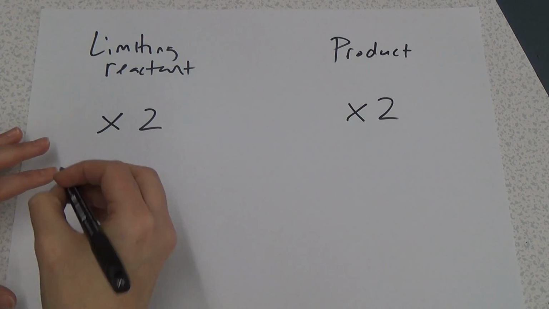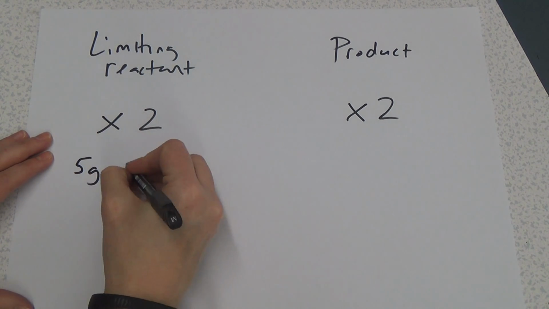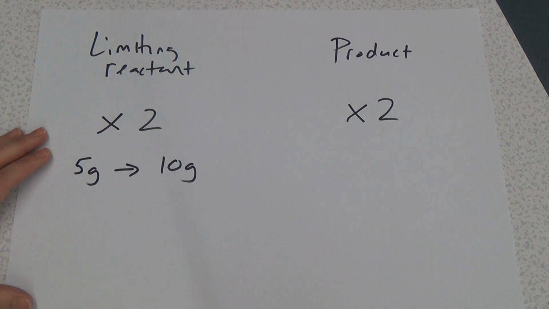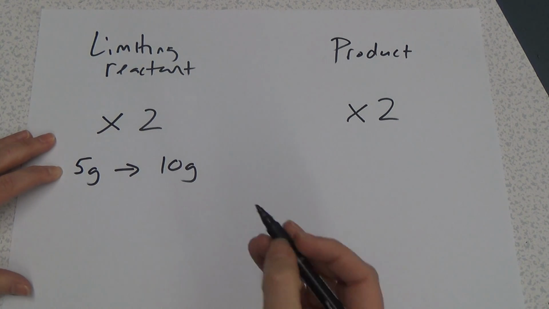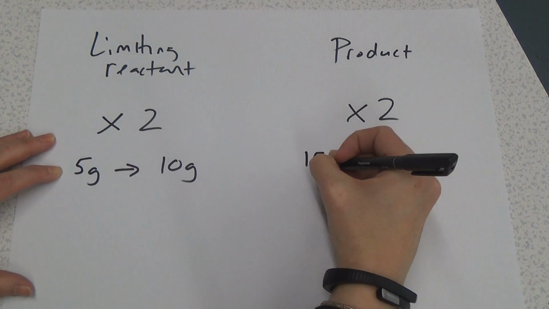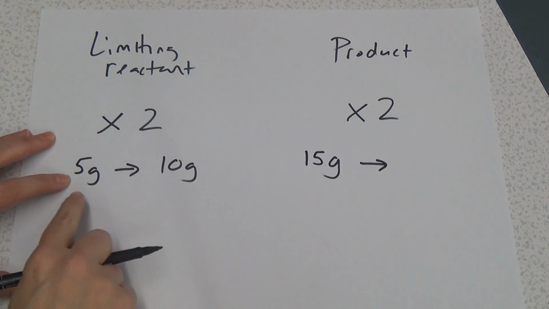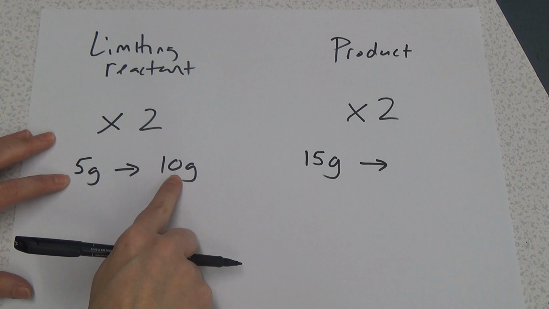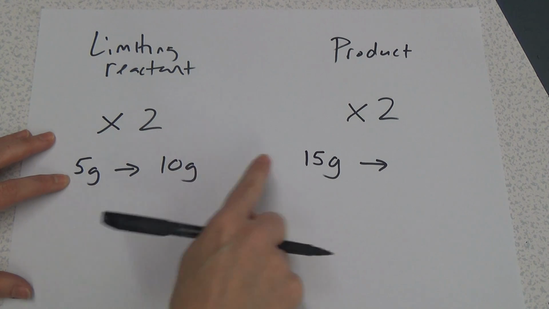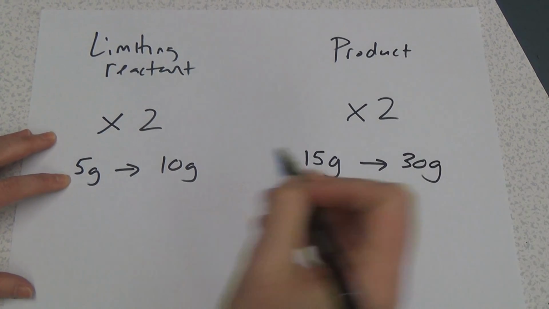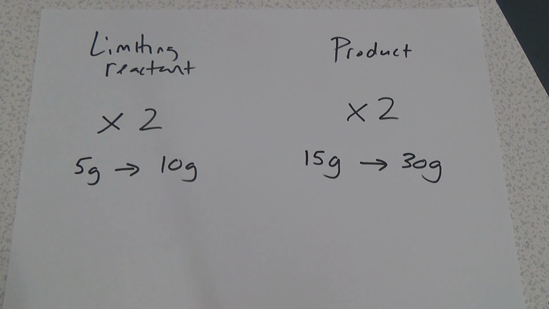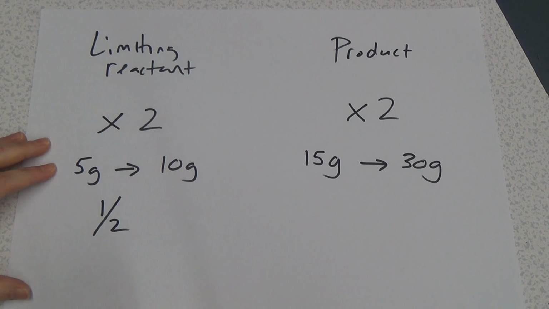So if we went from, say, 5 grams to 10 grams of limiting reactant, and when you reacted 5 grams, the amount of product made was 15. If we double the amount of limiting reactant, you would expect to double the amount of product that could possibly be produced. The same thing goes if you half or if you multiply by 3. Let's say, for example, we half our amount of limiting reactant.